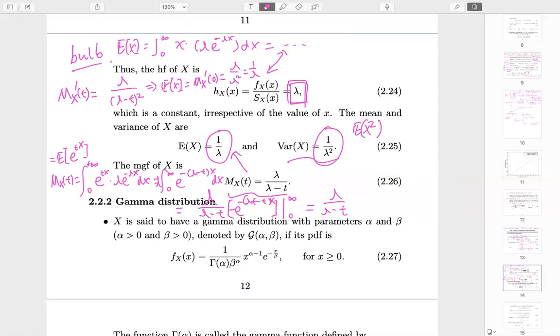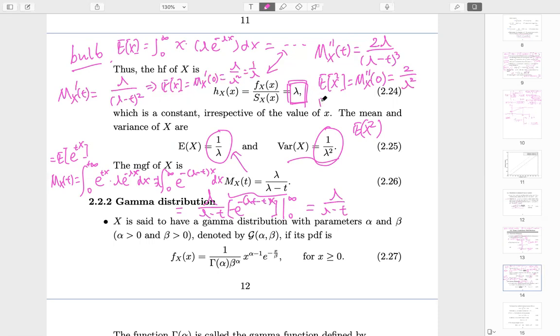Okay, so if you want to know the second moment, you need to differentiate this function again. When I differentiate again, the negative 2 will cancel the negative sign, so I will have 2 lambda divided by (lambda minus t) cubed. So my second moment will be this derivative evaluated at t equals 0, so it will be 2 divided by lambda cubed, right?